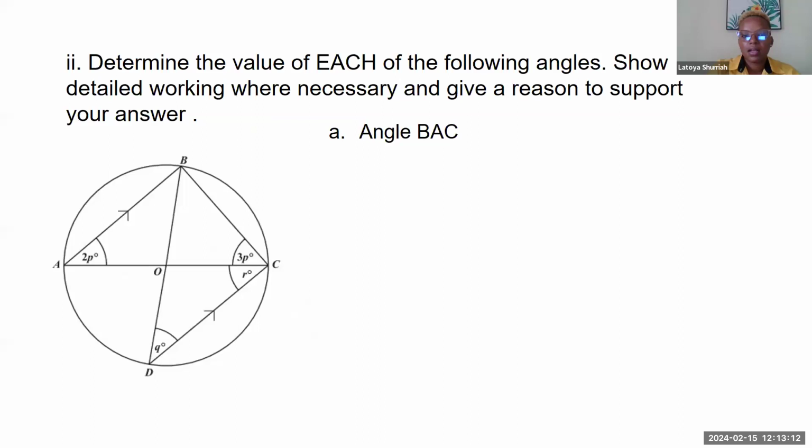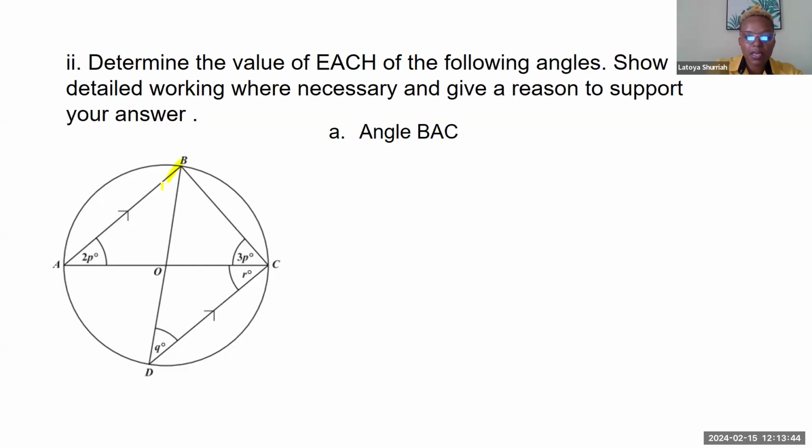All right, what about angle BAC? Let me highlight angle BAC just in case you're not able to see it. The letter in the middle usually indicates which angle we're referring to. So you run your finger over your paper or your screen, start with the first letter and make your way down.